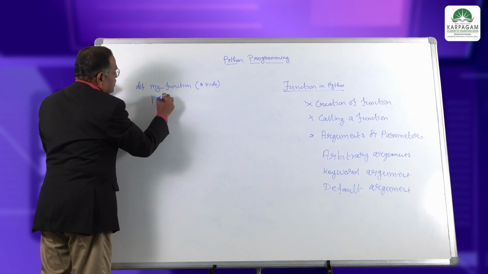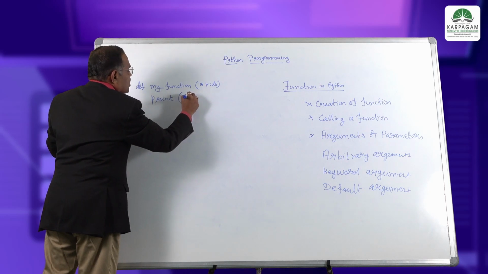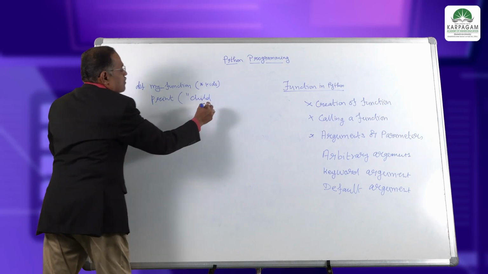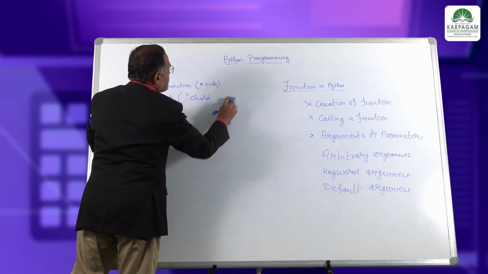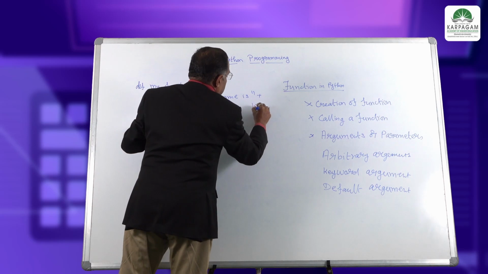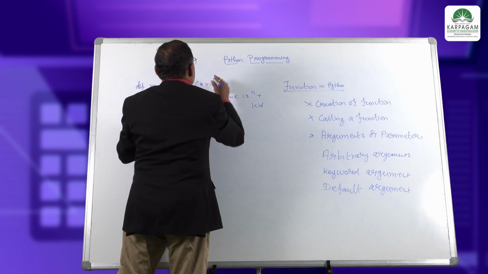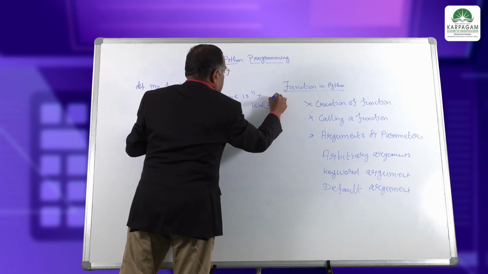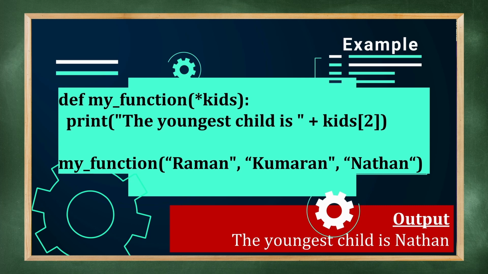Print, child name is, kids of 2. Now again the same process, my_function, open parenthesis, double quotes, Raman, Kumaran and Nathan.